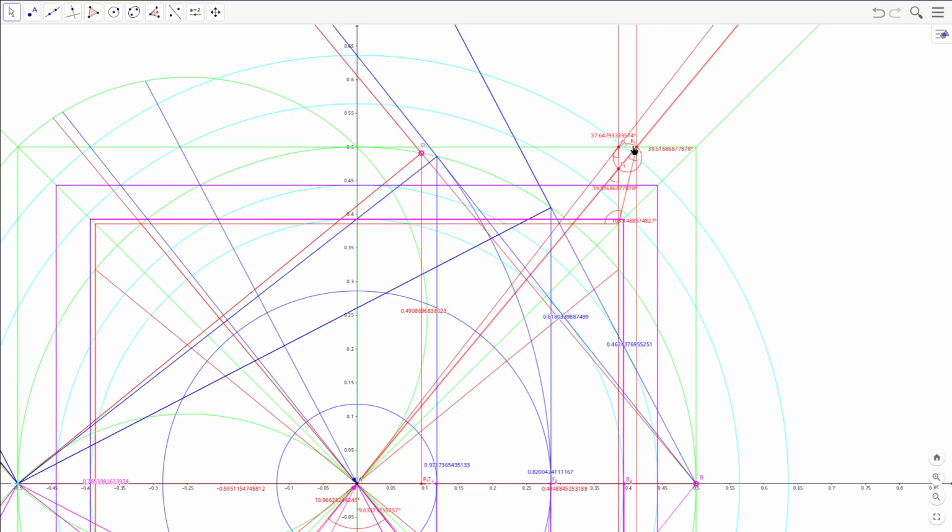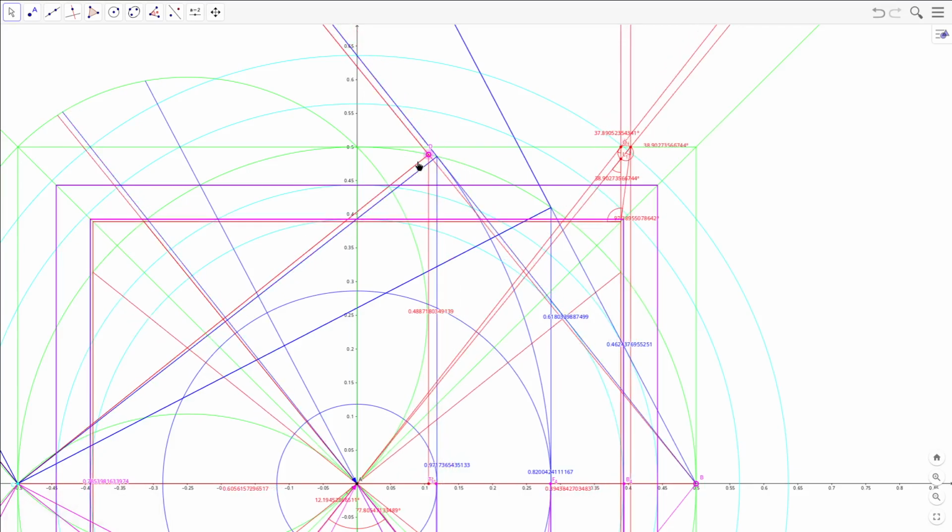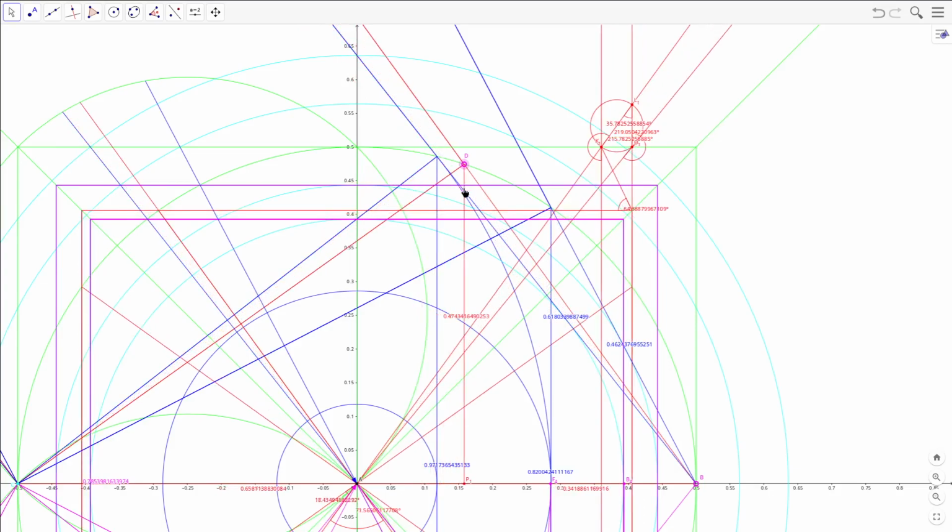Alright, so there's one and there's two, and the third point is using this tangent that goes through this line here. So this line comes last actually, and I didn't make a point here because that's making it overcomplicated. Anyways, it flips over right at that point.